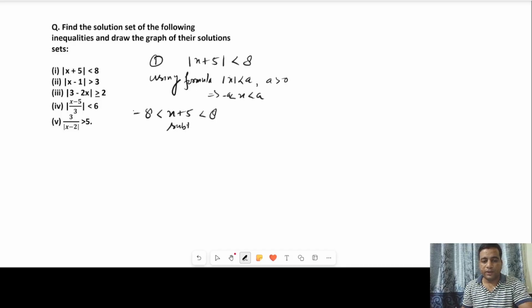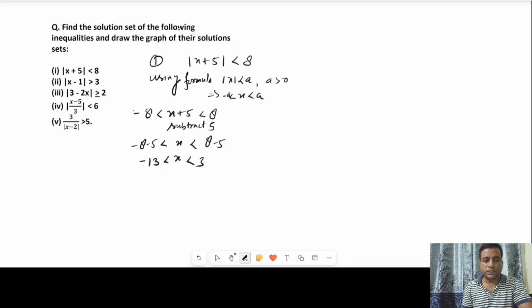Now subtract 5. So x is greater than -8 - 5 and this is less than 8 - 5. Subtracting 5 in the inequality, -8 - 5, x + 5 - 5 becomes x, and 8 - 5 means 3. So x is greater than -13 and this is less than 3.